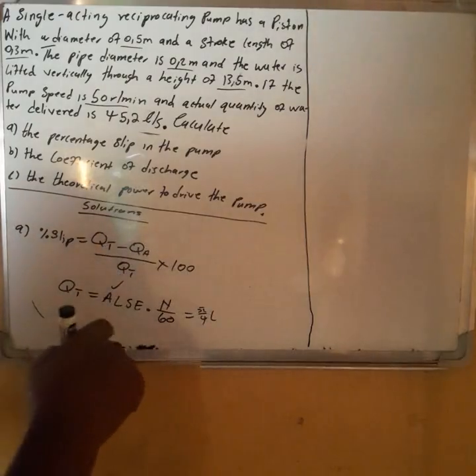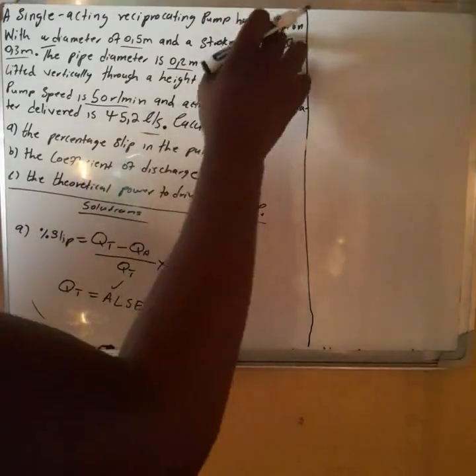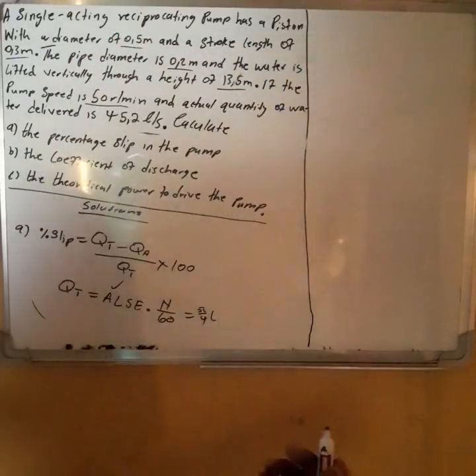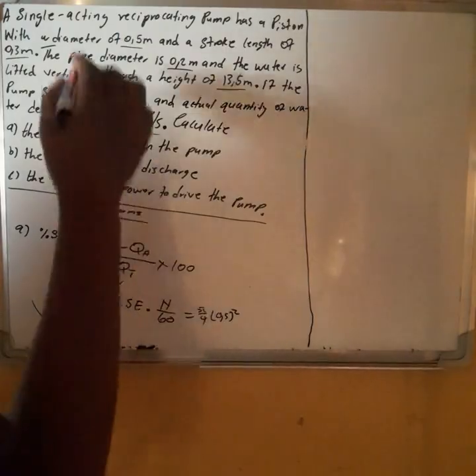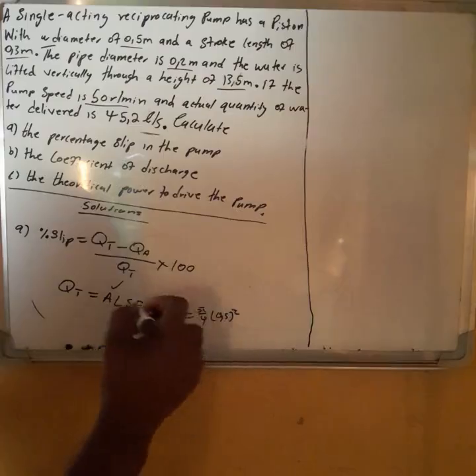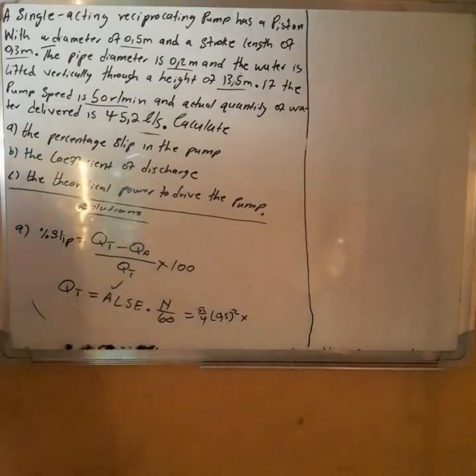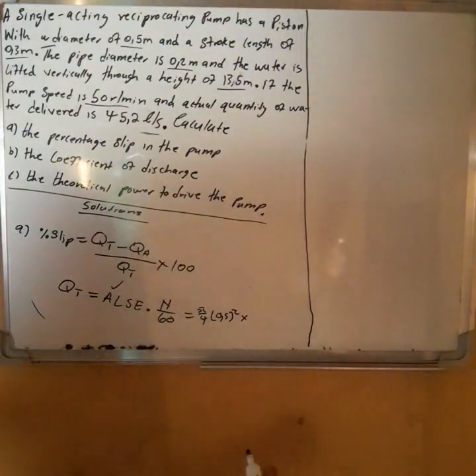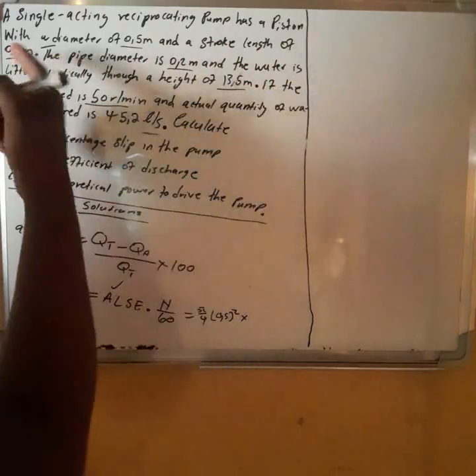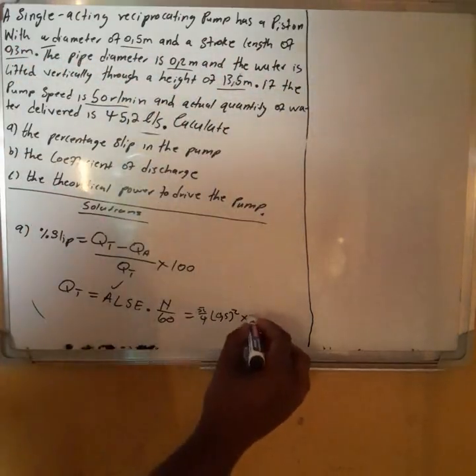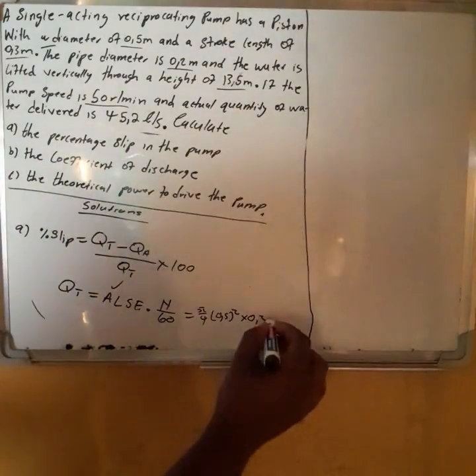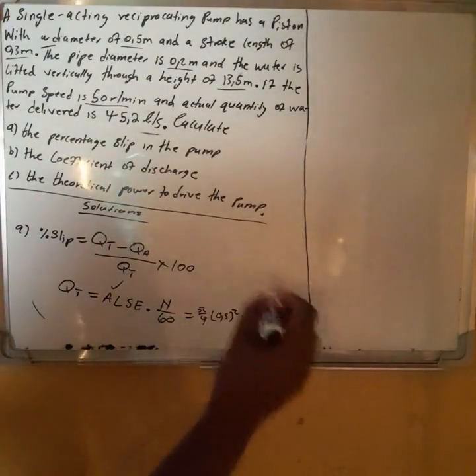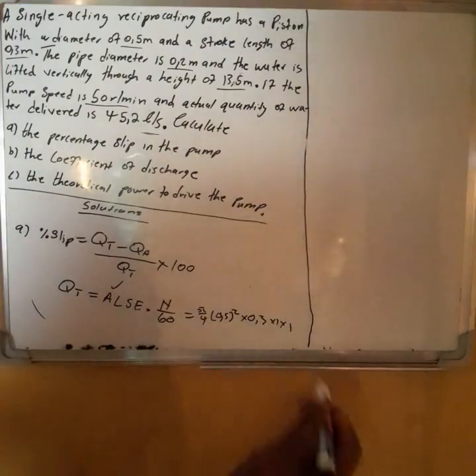The piston diameter is 0.5, so it is 0.5 squared, multiplied by the stroke length L, which is 0.3. The number of plungers is 1, since the pump is single acting, not double acting.